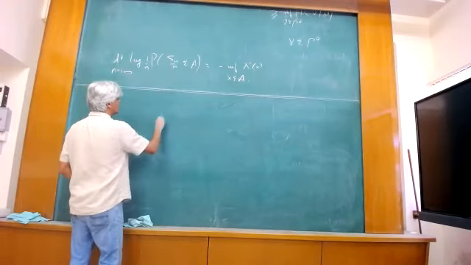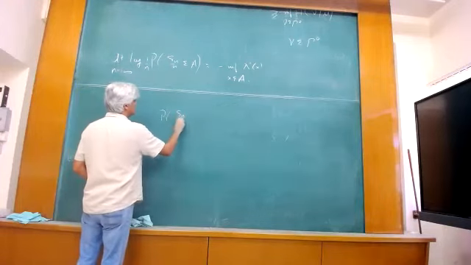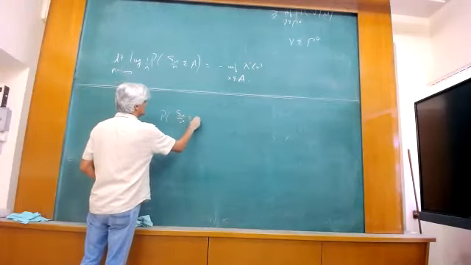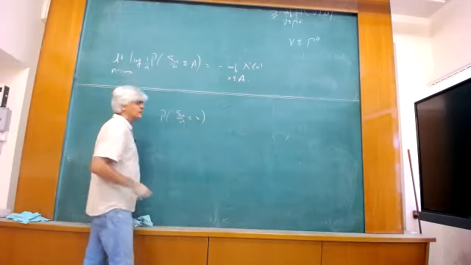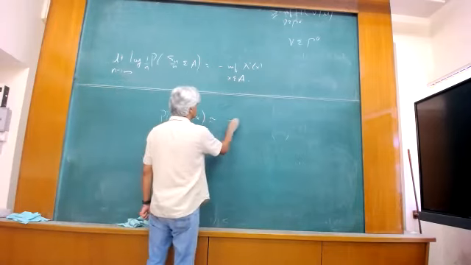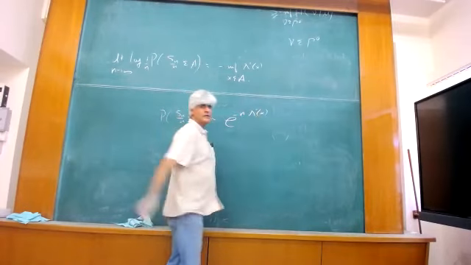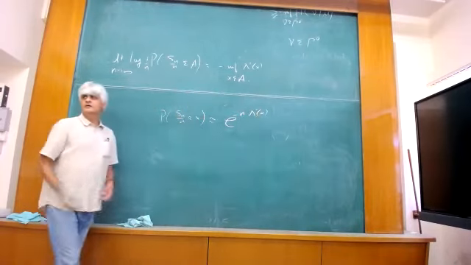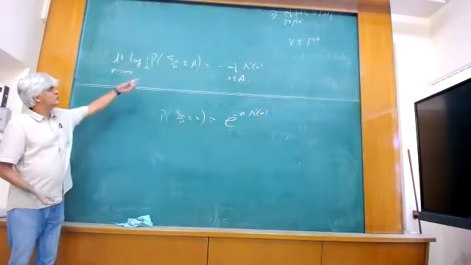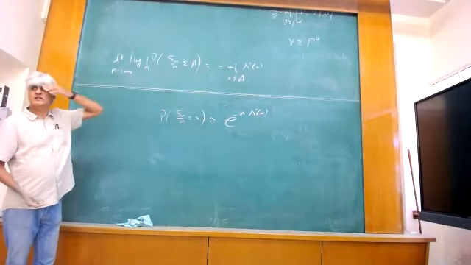The intuition is probably that S_n by n looks like some x with probability minus n lambda star x. So that's the intuition that we're going to take and prove those kinds of results.